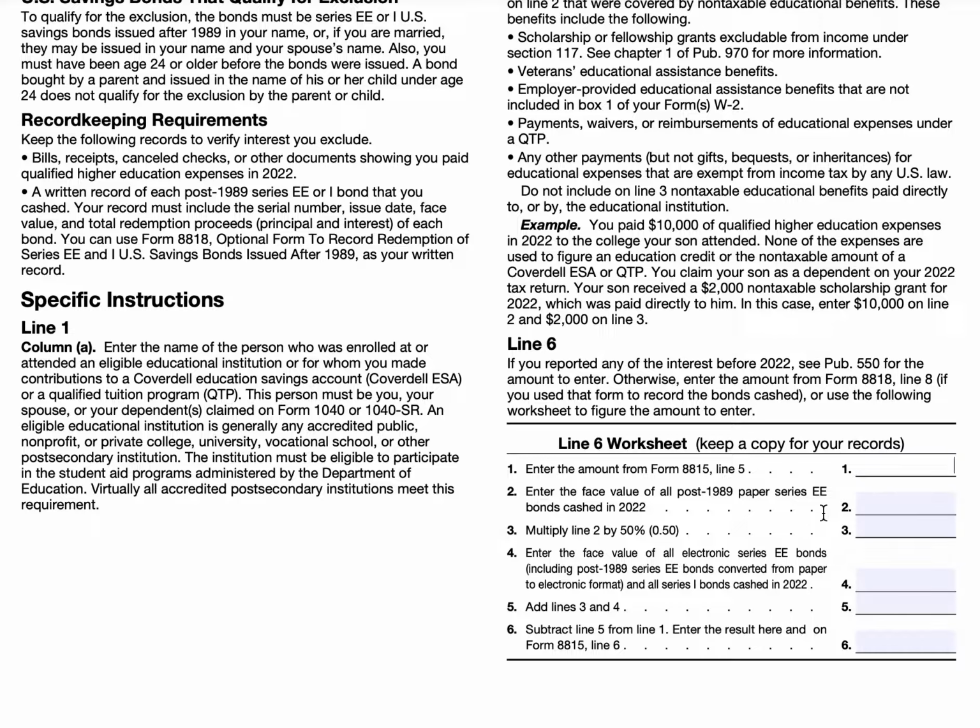So you start with the amount that's in line 5, the face value of all post 1989 paper series bonds. You multiply that by 50%. Then you enter the face value of all the electronic series bonds that you either converted from paper to an electronic format, and all Series I bonds that you cashed in. So if you don't recall paper bonds, usually a $100 paper Series EE bond would be $100 face value, but you actually paid $50 for it.